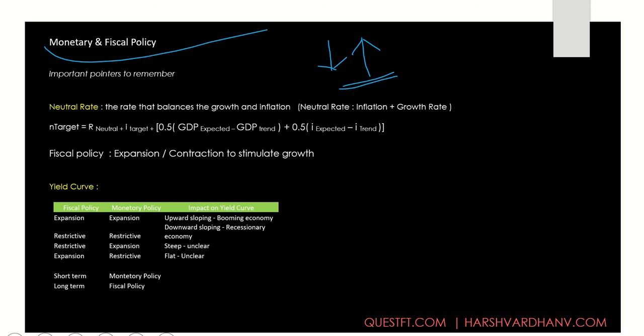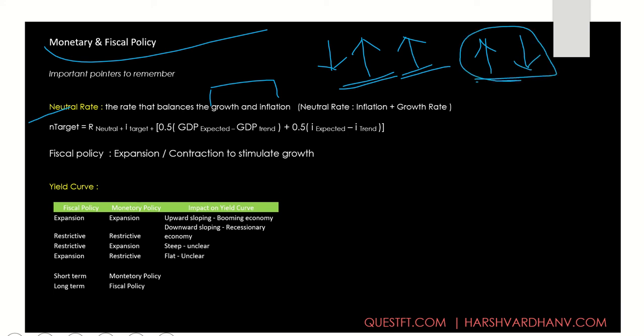To curb inflation, the central bank will increase the interest rate. But it should not increase it so much that the economy goes into recession. So they try to find a neutral rate at which growth and inflation are balanced. They want people to buy more, but they don't want everyone to buy more, because if interest rates are low, everyone will buy more. So they find a rate at which both things get balanced.